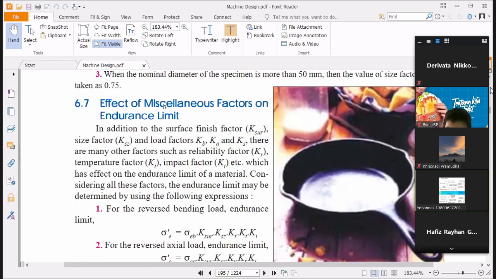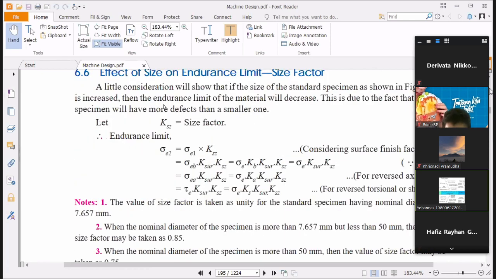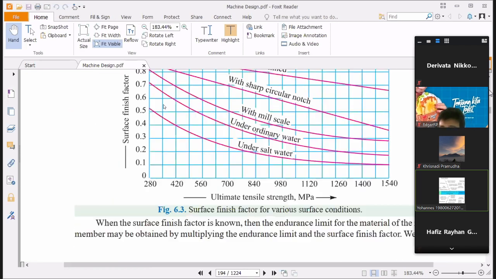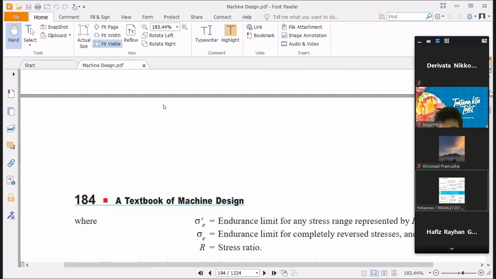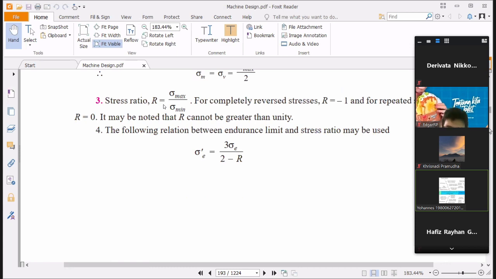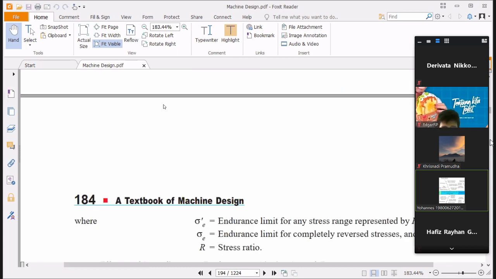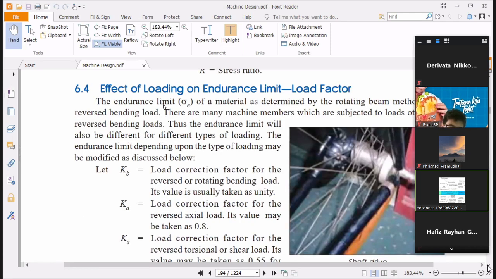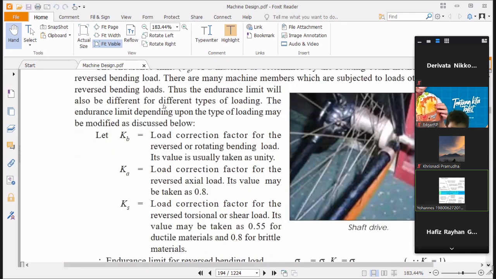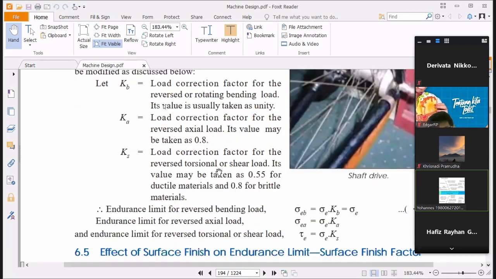Okay, so first, the first correction factor will be the type of loading.